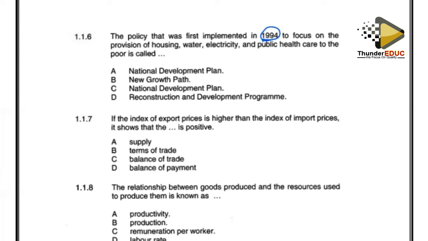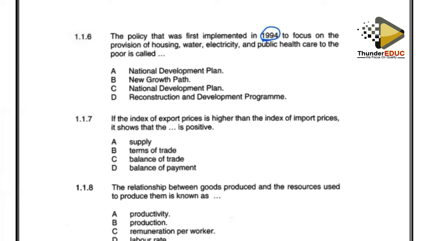The moment the ANC came into power in 1994, that's when they tried by all means to revise all the acts or the rules and regulations that were governing the country. They were trying to make sure that those households that were previously disadvantaged were also accommodated in the economy. Remember, before 1994 there was the apartheid era, and during the apartheid era most black people were so disadvantaged.